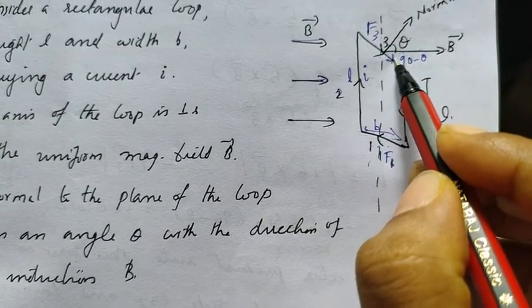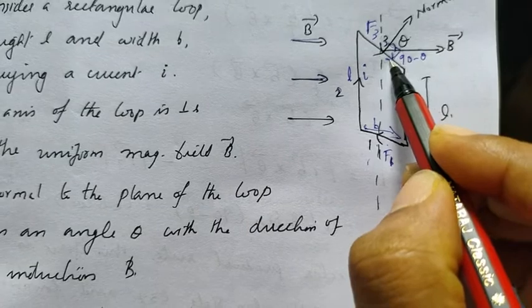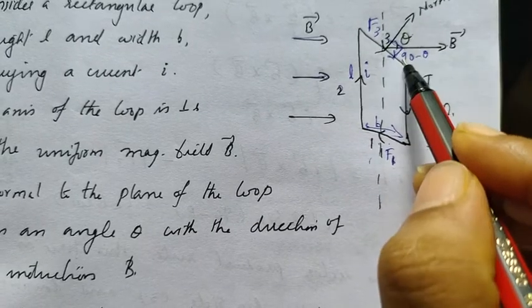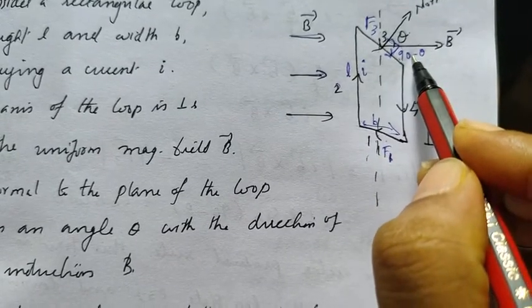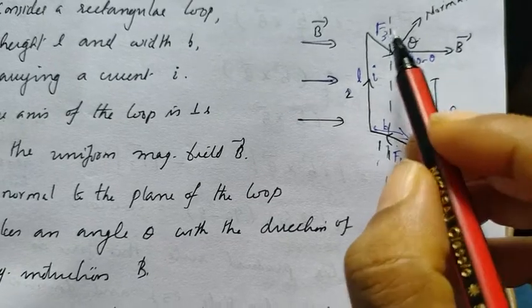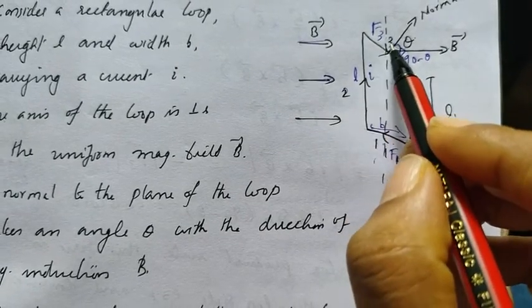This angle is 90 and this is theta, so this angle will be 90 minus theta. This is along side 3.